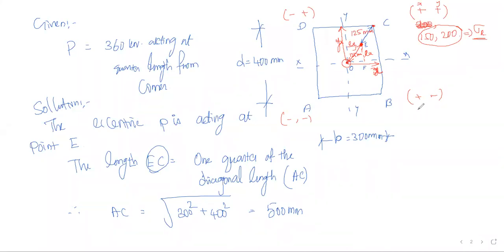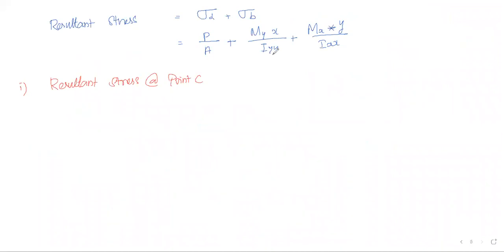For all the corners: here it is plus 150 and plus 200; here plus 150 and minus 200; here both 150 and 200 are minus; and here 150 is minus and 200 is plus. Based on this we will substitute the values of x and y.